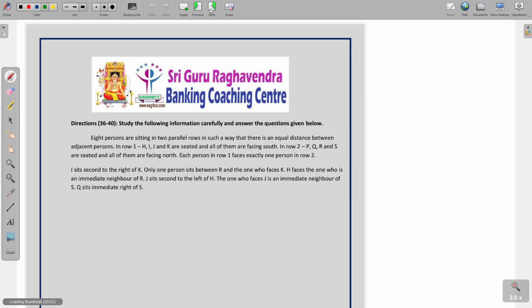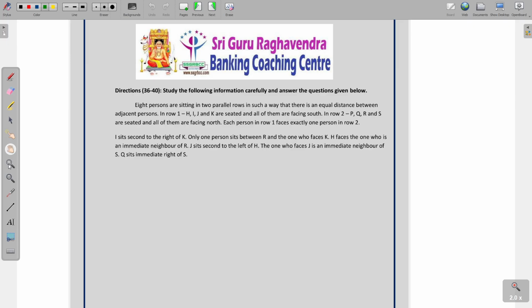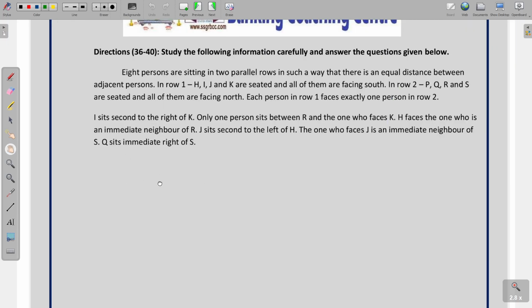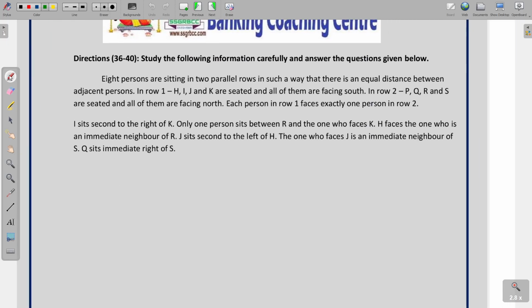And next, study the following information carefully and answer the given question. So, we have one more puzzle left. See the puzzle. Eight persons are sitting in 2 parallel rows such that there is equal distance between adjacent persons. In row 1, H, I, J and K are all seated facing south.